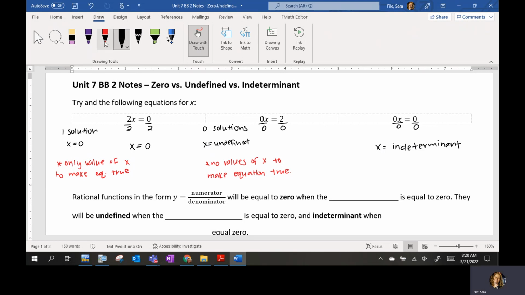What that means is there are an infinite number of solutions to make the equation true.